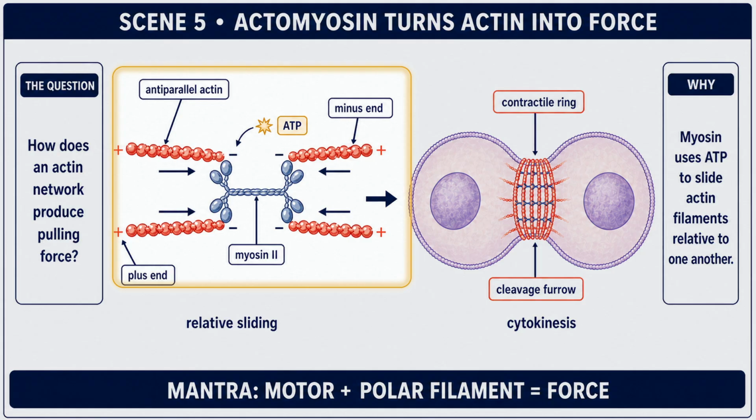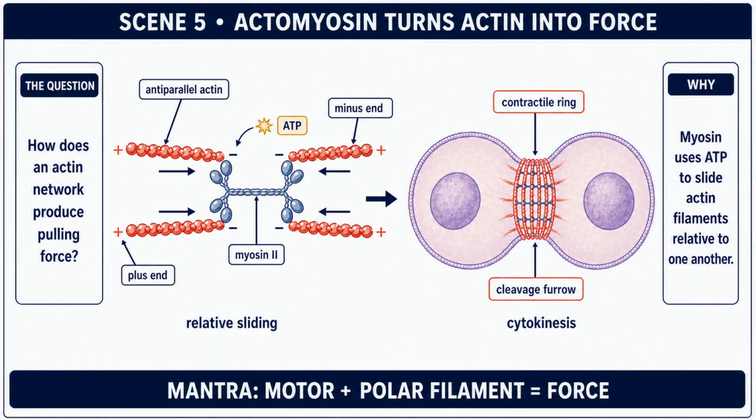Using energy from ATP, each myosin head moves toward an actin plus end. Because the motors are linked, the opposing filaments slide relative to one another, and the network shortens. The actin molecule itself does not become shorter. The arrangement contracts because the filaments change position.